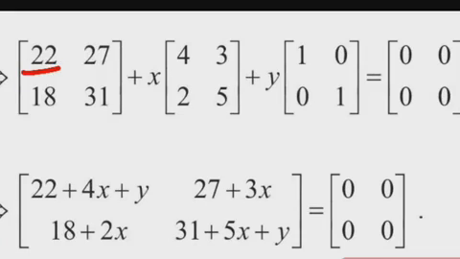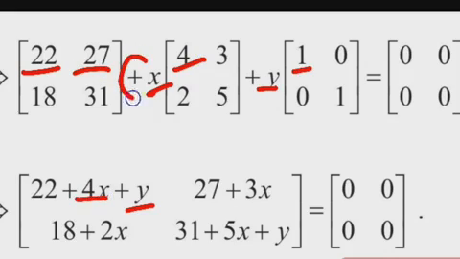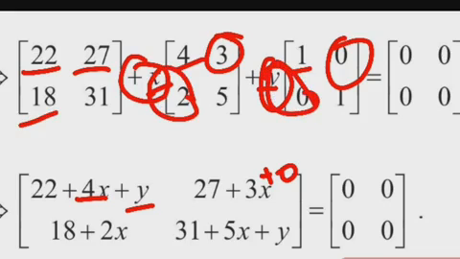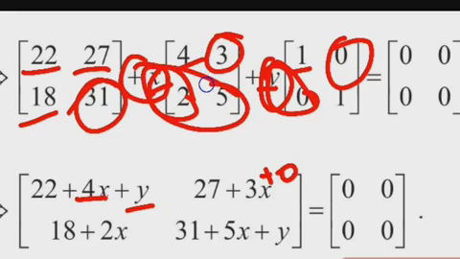So 22 plus 4x plus y. Next 27 plus 3x plus 0, actually plus 0 here. Next 18 plus 2x plus 0 into y, 0. Next 31 plus 5x plus y equals the zero matrix.